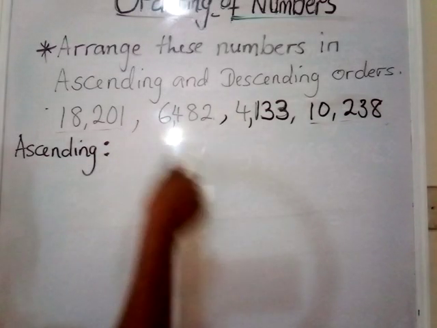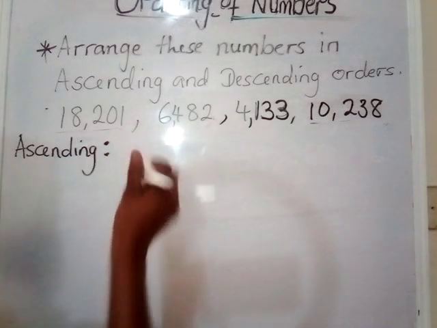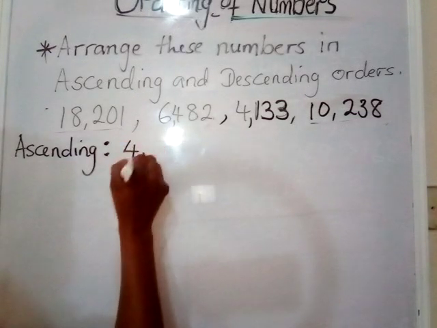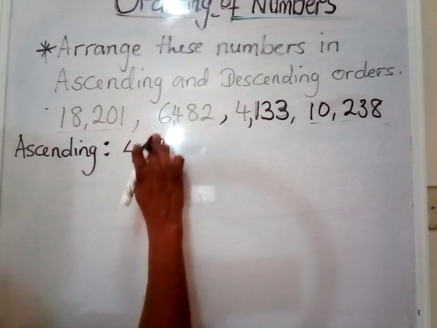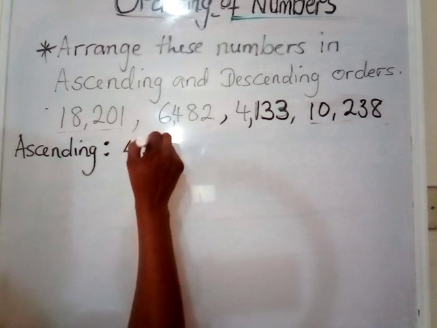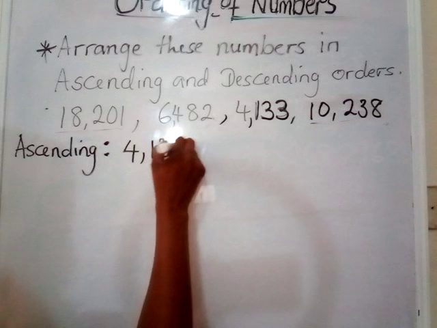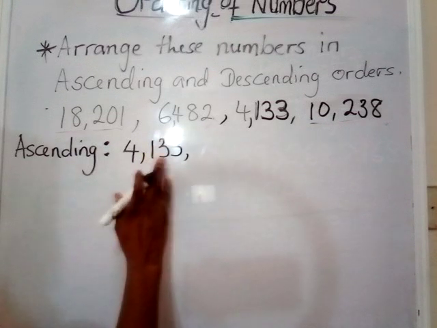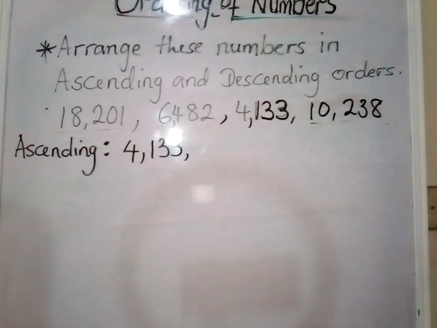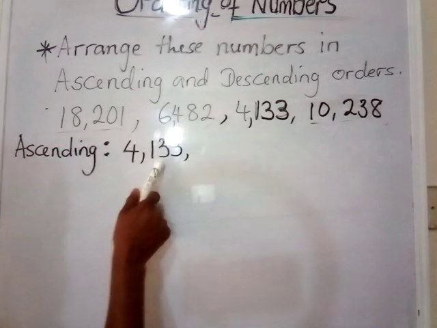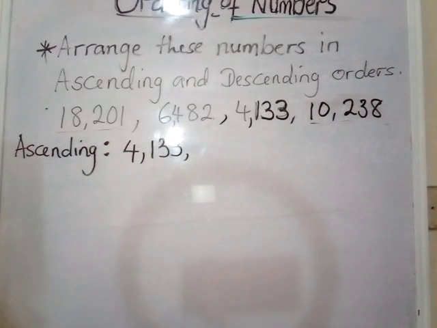So since 6 is larger, that means 4 is the smallest number here. So we write down 4, the number that starts with 4. Okay, and the number is 4,133.